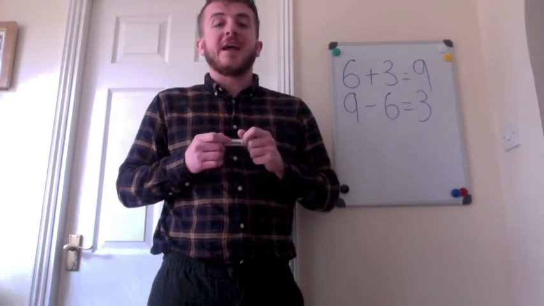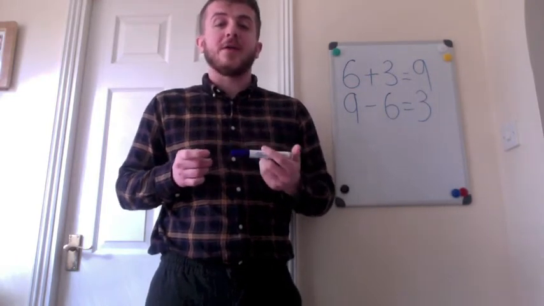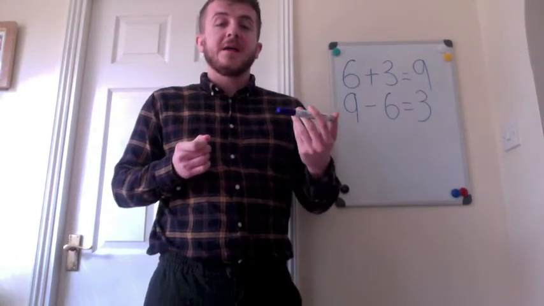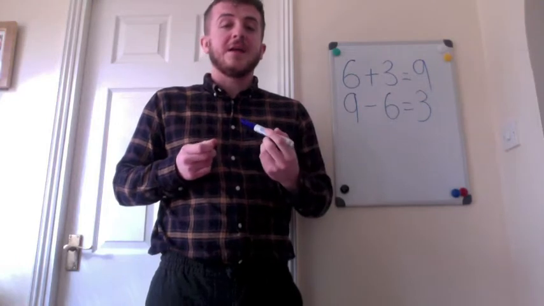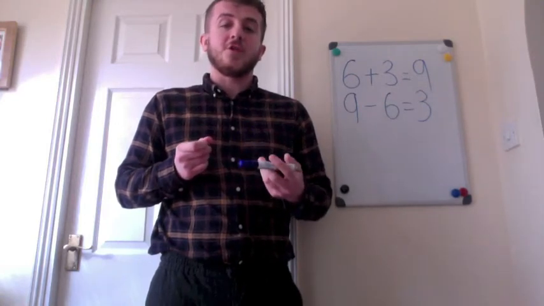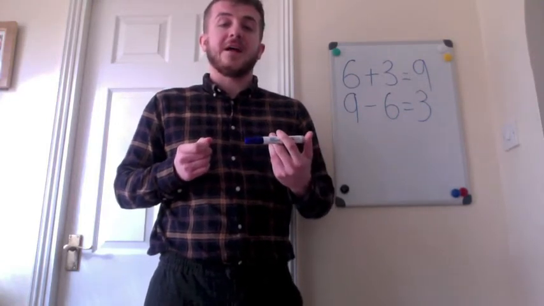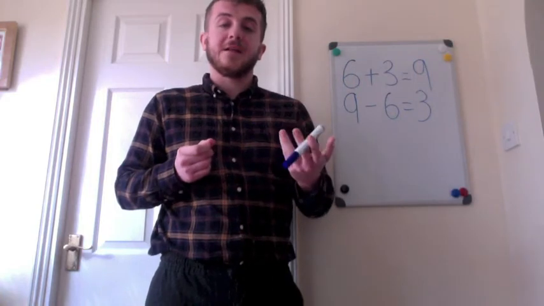It's much the same for algebra. With algebra, you're trying to find the missing number represented by a letter in a calculation. And often, more times than not, you have to use the inverse to find that missing number.